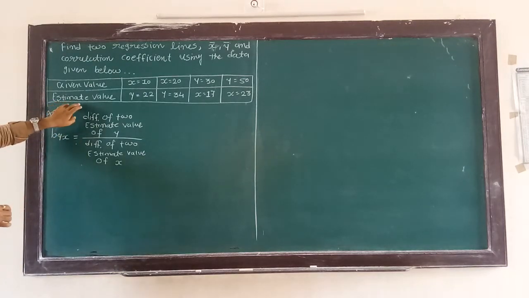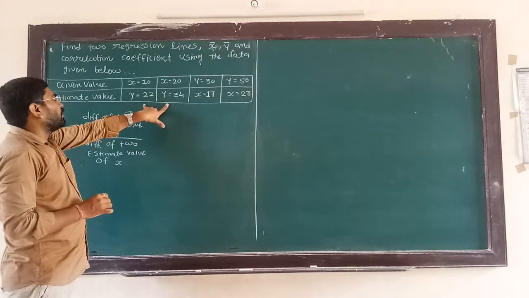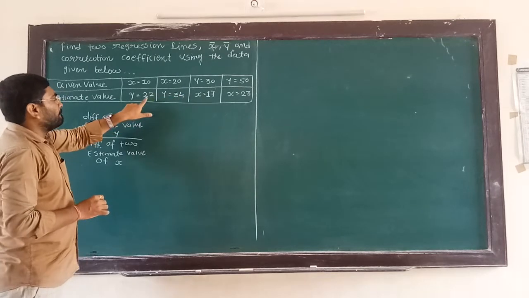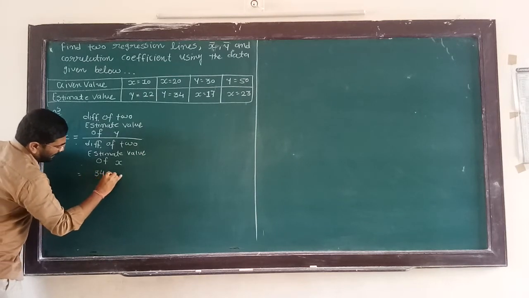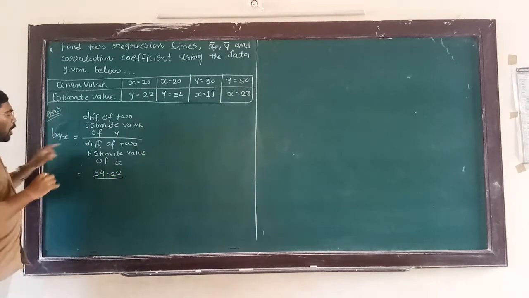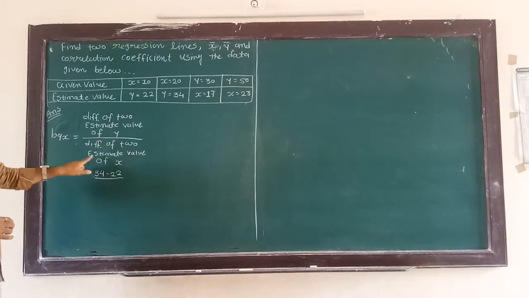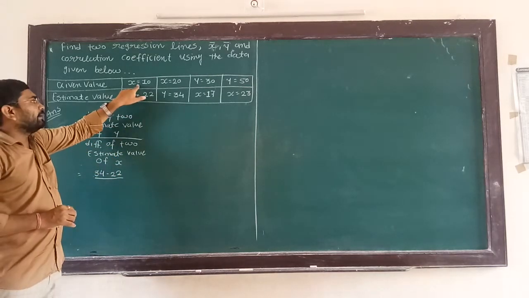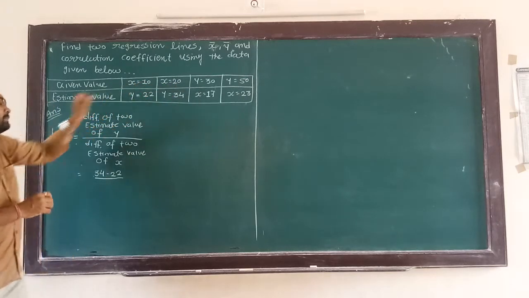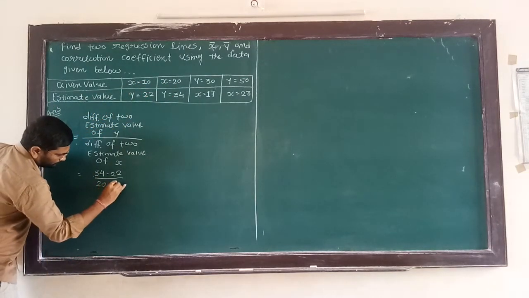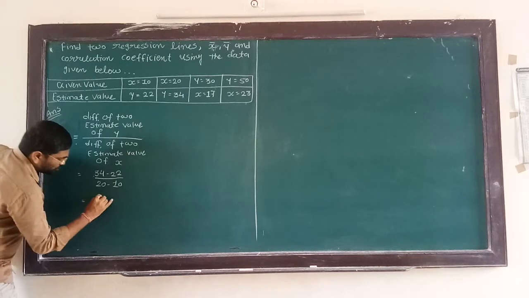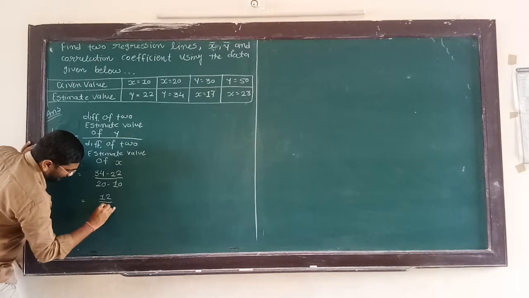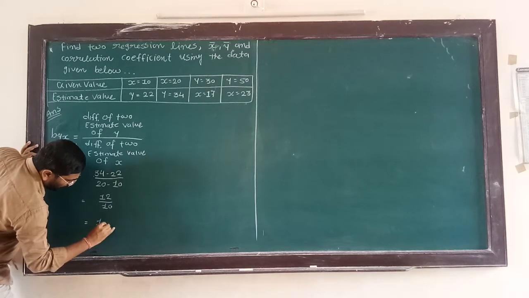Here the estimated values of y are given, 34 minus 22, upon the difference of the two estimated values of x, 10 and 20. First is 20 minus 10. Here 34 minus 22 is 12 upon 10. We got 1.2.